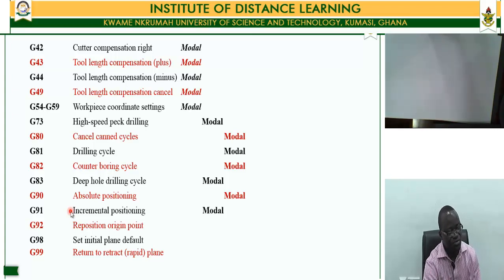If it's G91, then we are going to have incremental positioning, which means that all your coordinates will depend on the previous coordinate. The second coordinate will depend on the first one, and then the third one will depend on the second one, and so on and so forth.